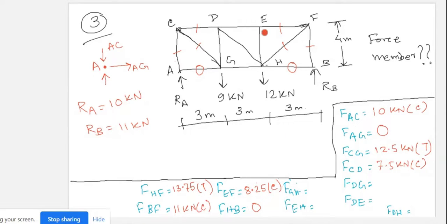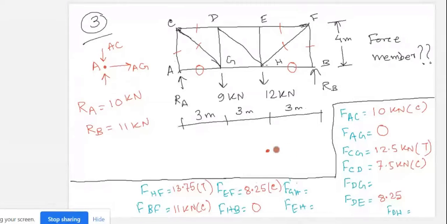What about joint E? DE and EH? So FDE is 8.25 tensile.